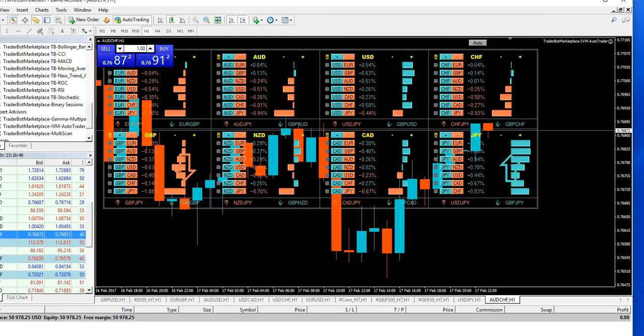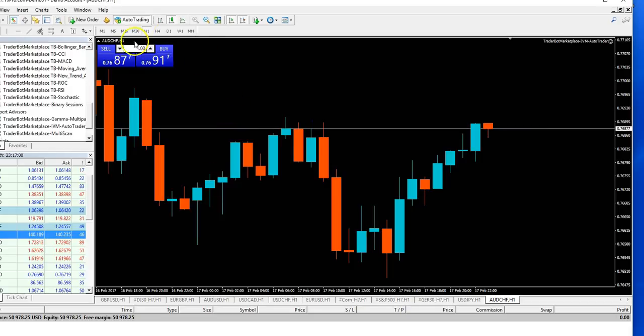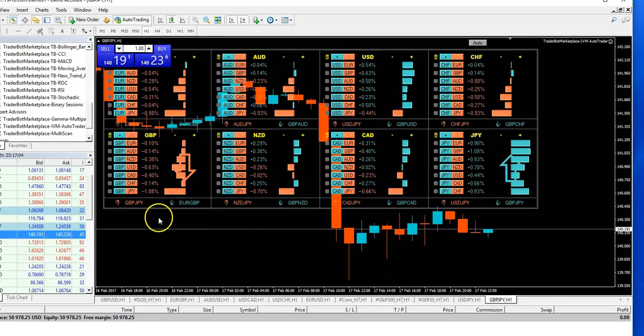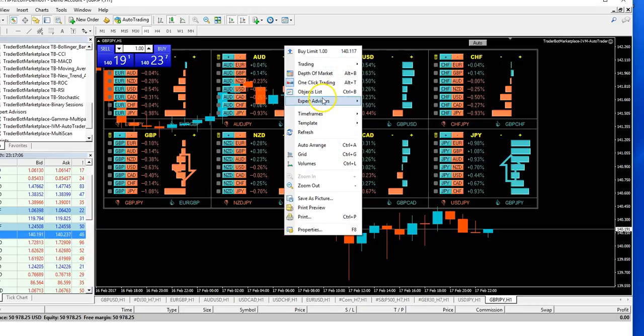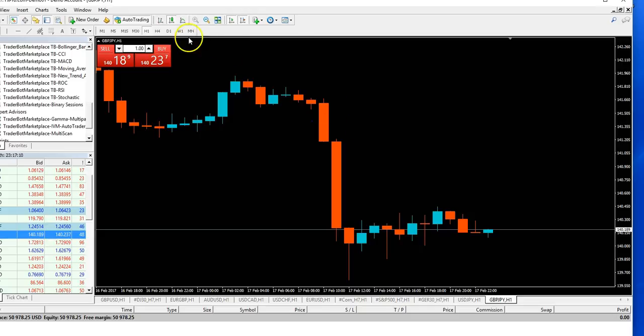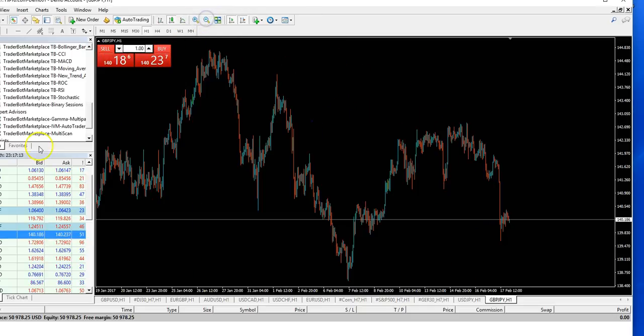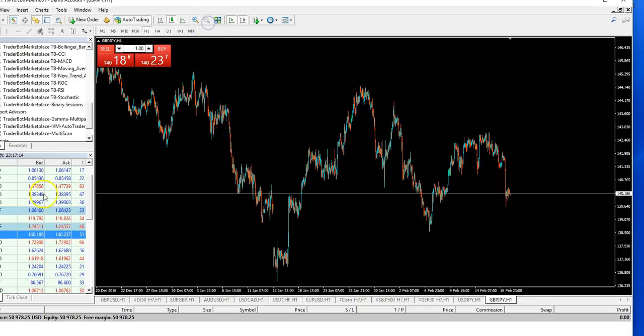There we go. Right here, I can see that the British pound is moving down. The yen is moving up. So what do I want to look for? I want to look to sell the British pound yen. Let's go to the British pound yen. Let me take that off because it's in the way. We know to sell it. I'm not going to do this right now.